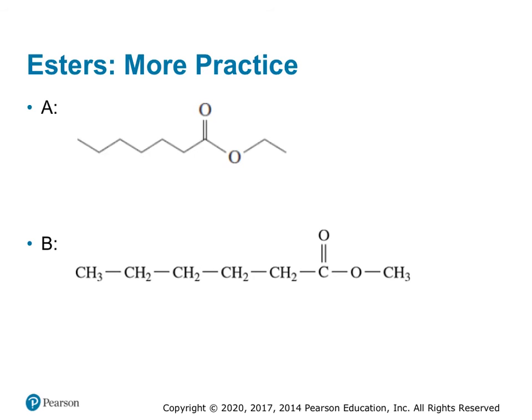So looking here at another example, here we have the alkyl group from the alcohol, and that would be 2 carbons, so that would be an ethyl.